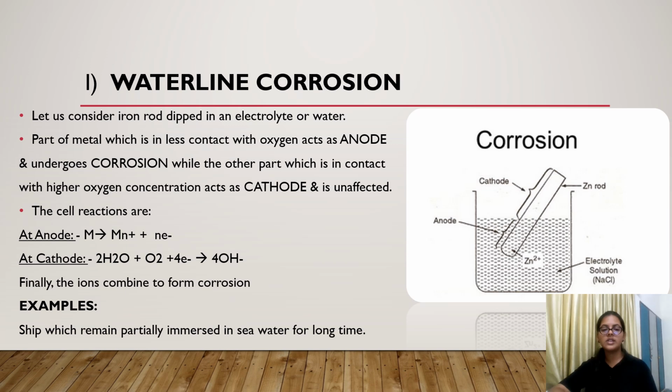The cell reactions are: at anode, the metal by liberating the electrons becomes metal ions. Example: Fe becomes Fe2+ by liberating 2 electrons. At cathode, water combines with oxygen forming hydroxide ions. Now finally, these ions combine to form the corrosion product known as rust. Example: ship which remains partially immersed in seawater for a long time.